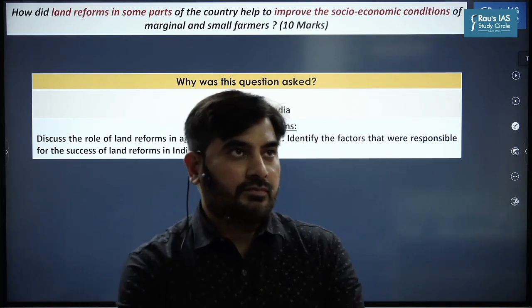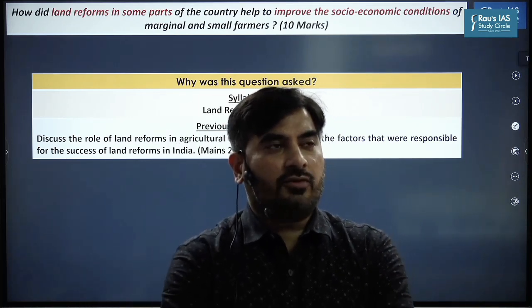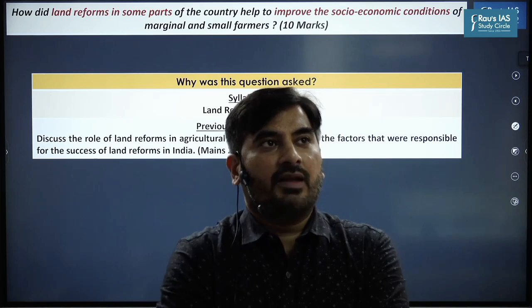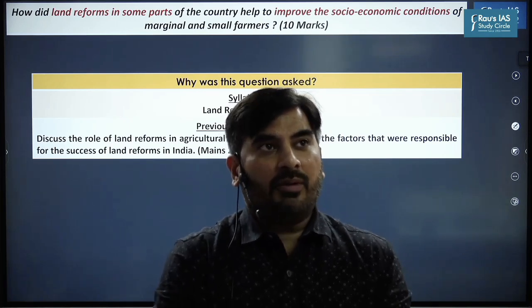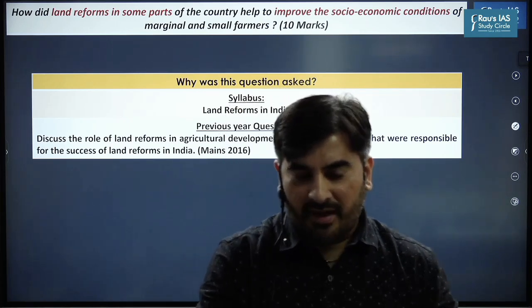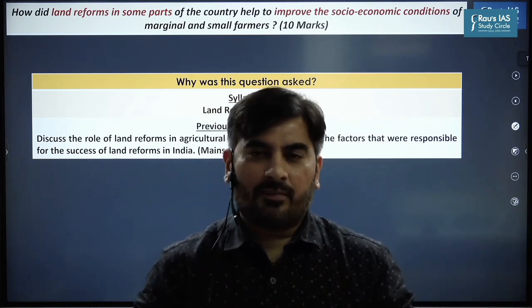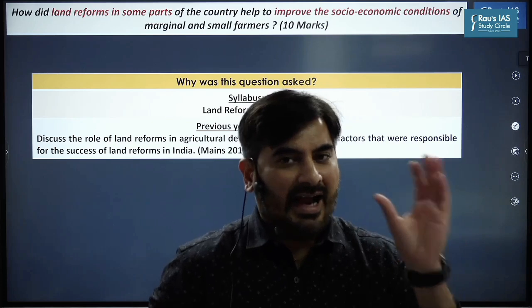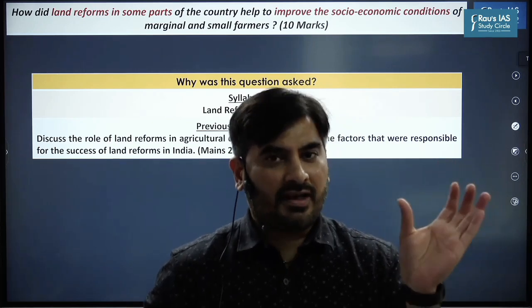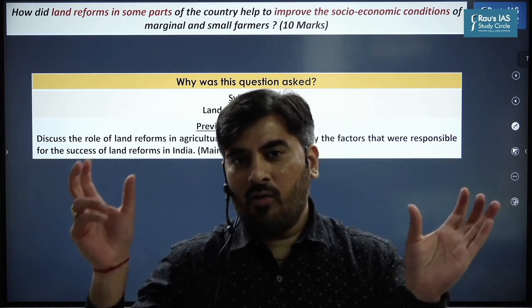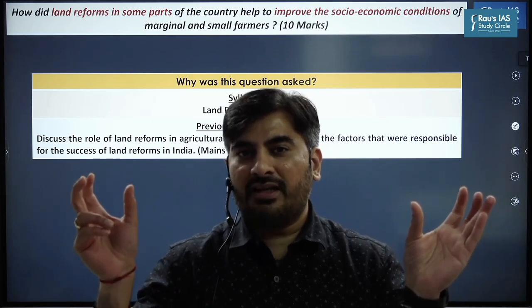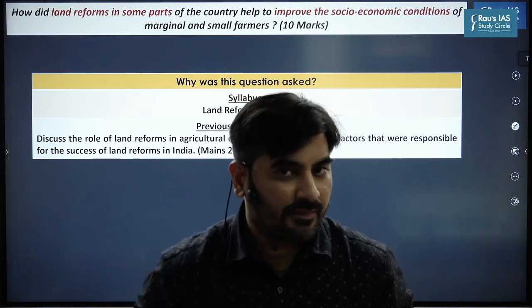Okay. Now look at the question. This question is how land reforms have helped to improve the socio-economic conditions of the small and marginal farmers. Now there are two things here. One, land reforms in certain parts of the country, and how they have improved the socio-economic conditions of small and marginal farmers.